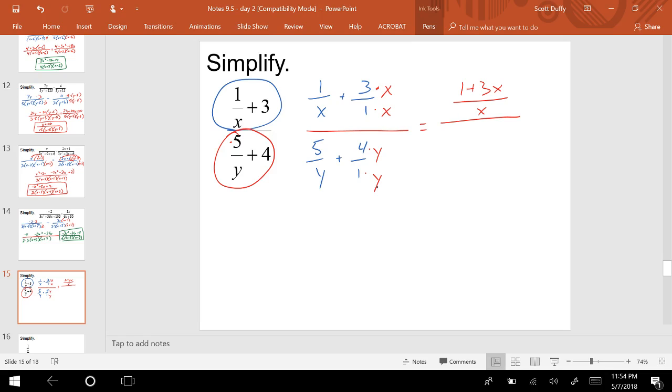What does the denominator on the right have that the denominator on the left doesn't? Well, it doesn't have anything missing. Suppose you could multiply by 1 on both top and bottom, but it really doesn't do anything. So 5 times 1 is 5, plus 4 times y is 4y, over y times 1 is y.